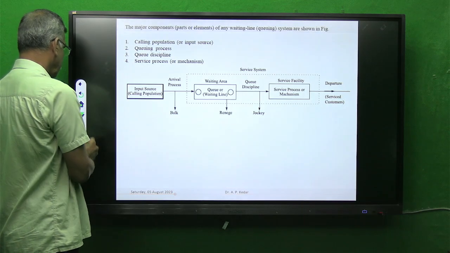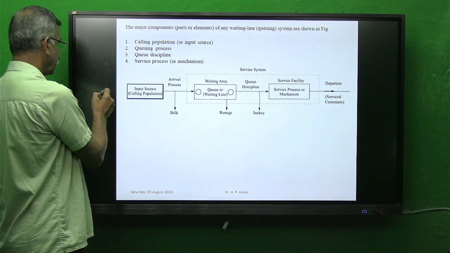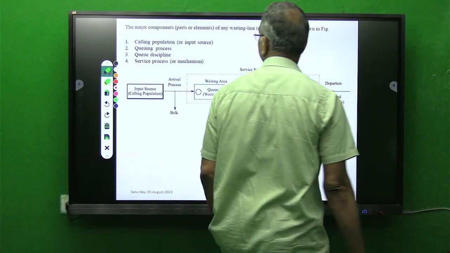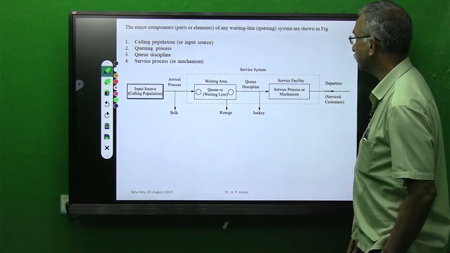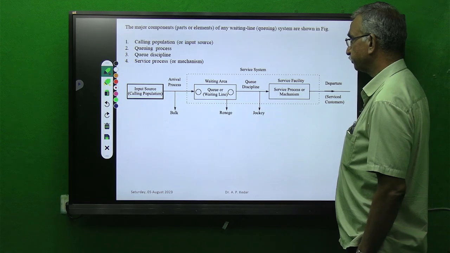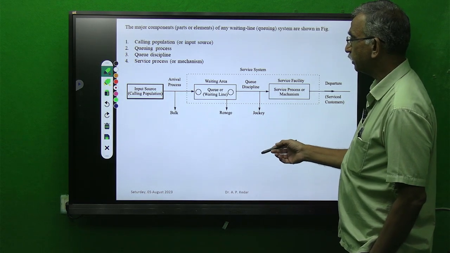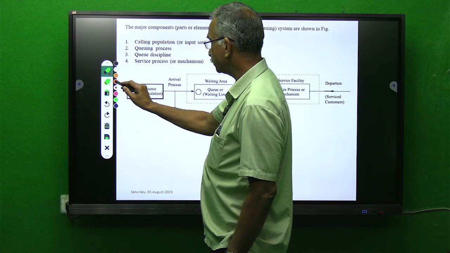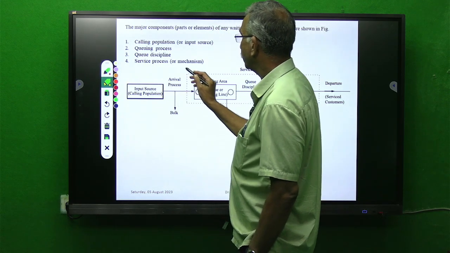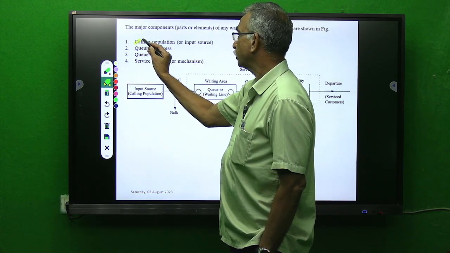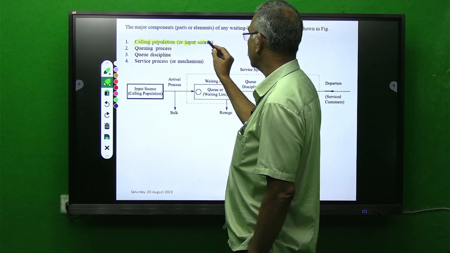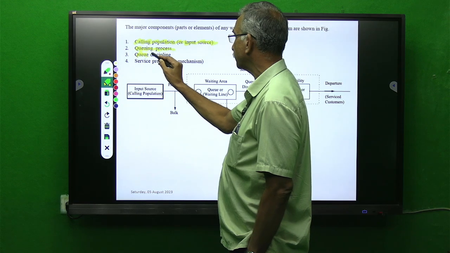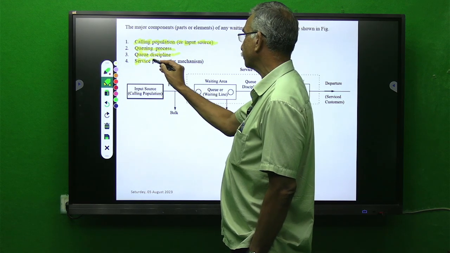Now this is again the important figure which portrays the major components or elements of a queuing system. Now see here, the terminology is important. One is calling population, we'll explain all of these, then queuing process, queue discipline, and service process.